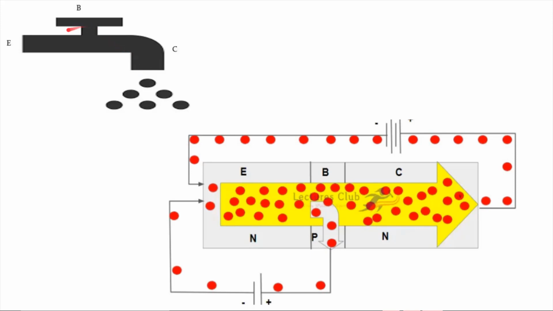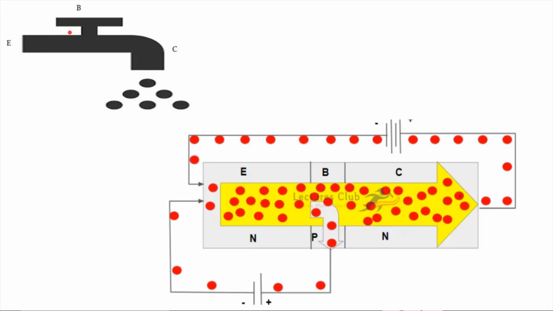Even if you dismantle this handle from the tap, it will not make any difference, because the maximum amount of water has already entered, because the diameter is the same. So even if you dismantle the handle, the water will not increase.